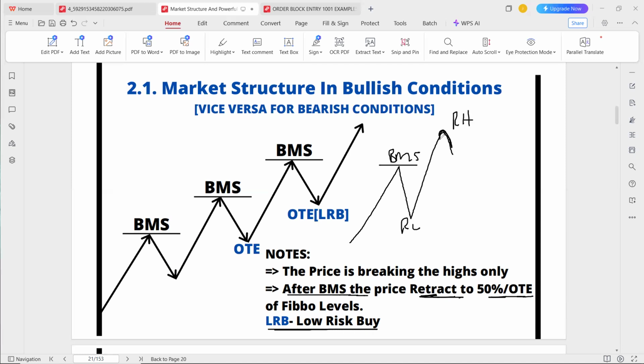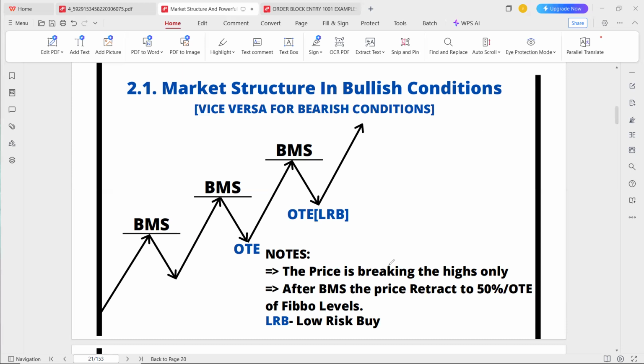Once you run your fib, the OTE areas will be somewhere in there. But bear in mind that sometimes price will just bounce off the broken swing high, or that level which would have been broken. So it might find support right here and still push up without going into your OTE areas. That's just something which you need to take note of.